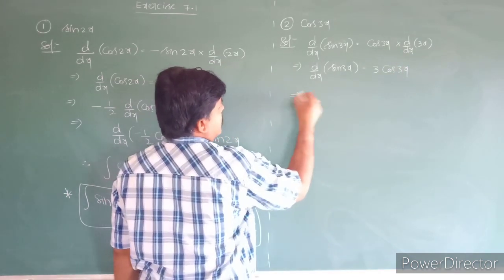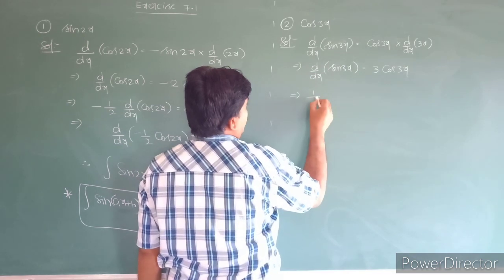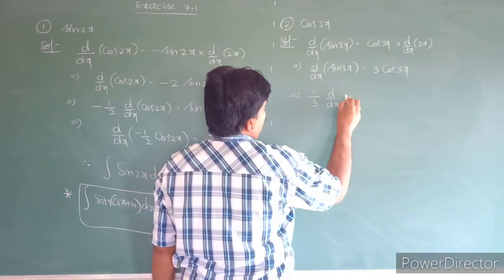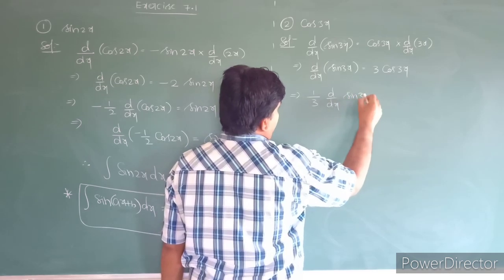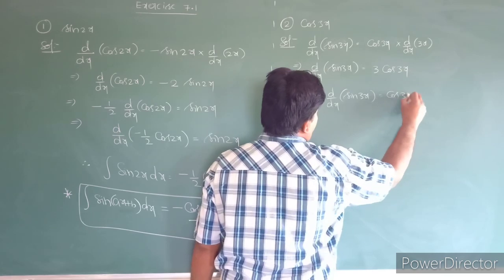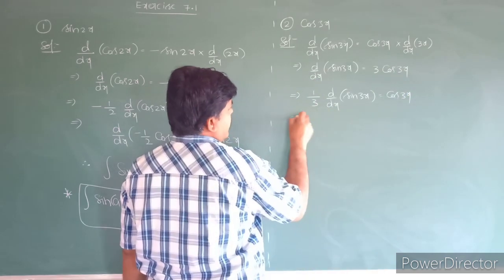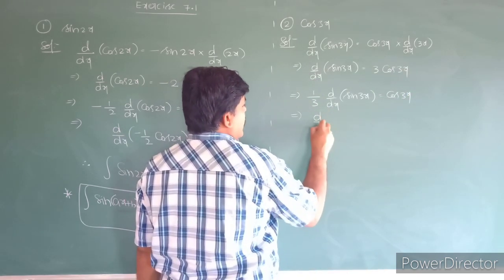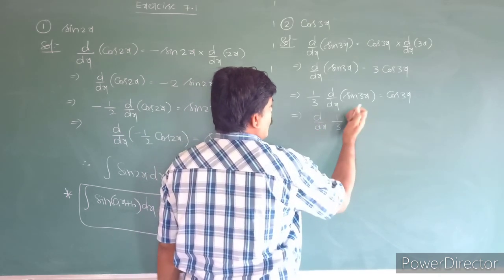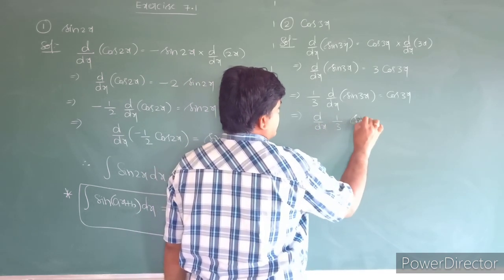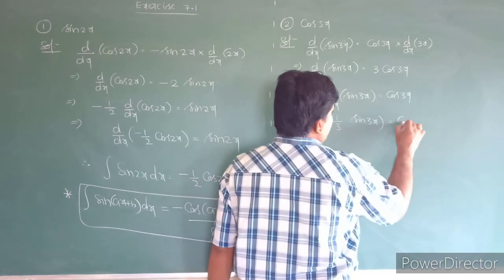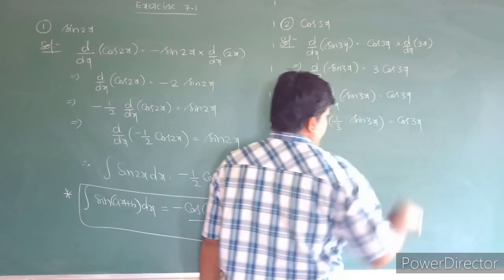So take this 3 to the denominator: 1 by 3 into derivative of sine 3x is equal to cos 3x. Take this 1 by 3 inside: derivative of 1 by 3 into sine 3x is equal to cos 3x.